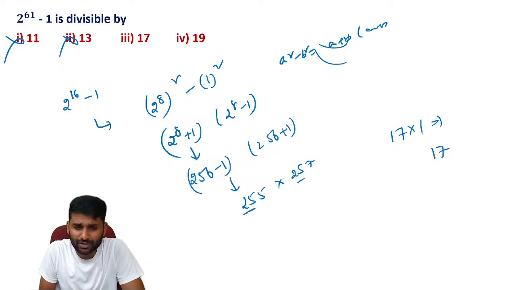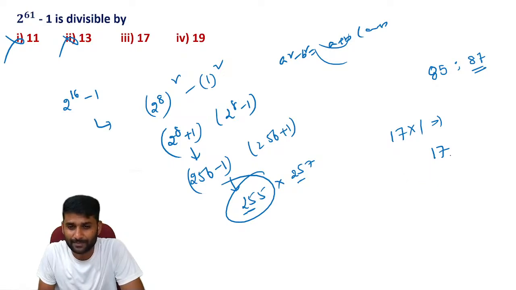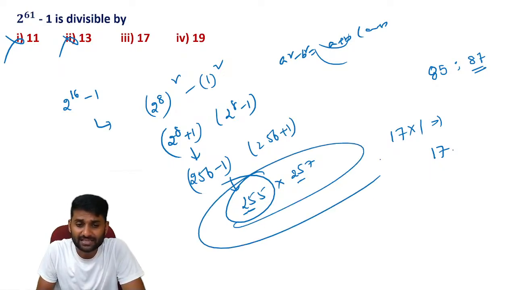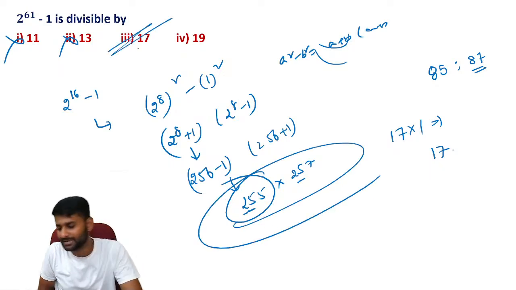If you go through 255, you can see the difference is 85. You will get 85 in the 17 times 5 table, which means 255 is exactly divisible by 17. See, 17 ones 17. 17 fives 85, which means this number is exactly divisible by 17.